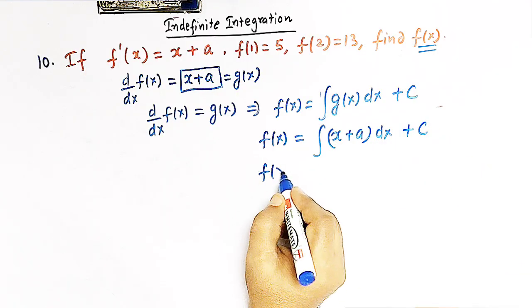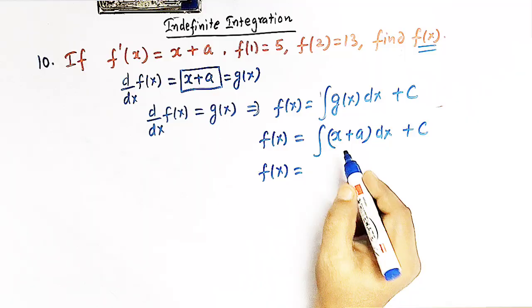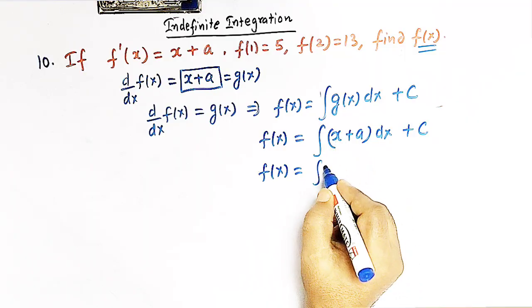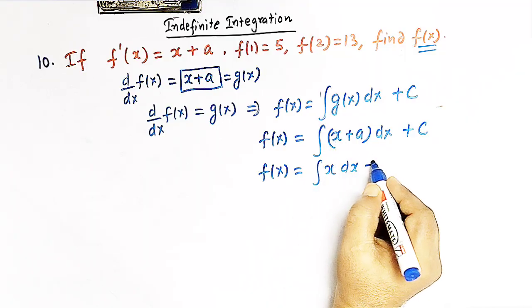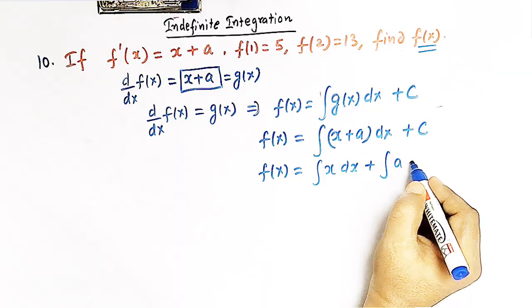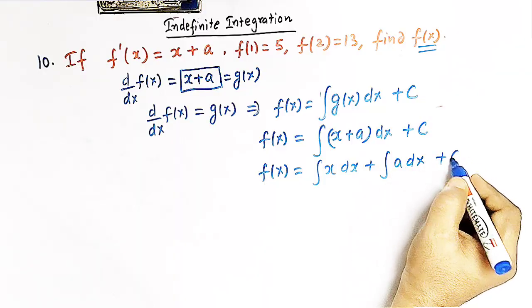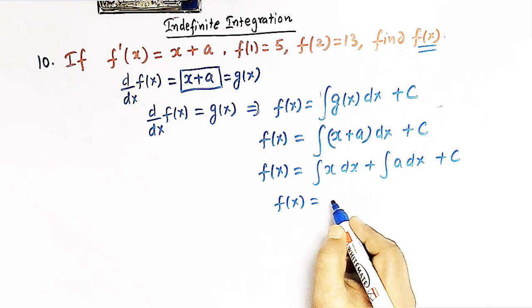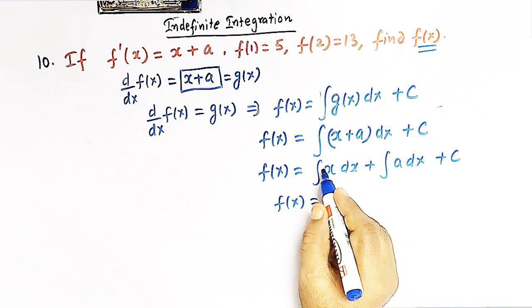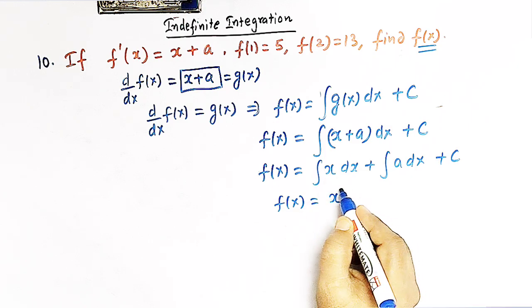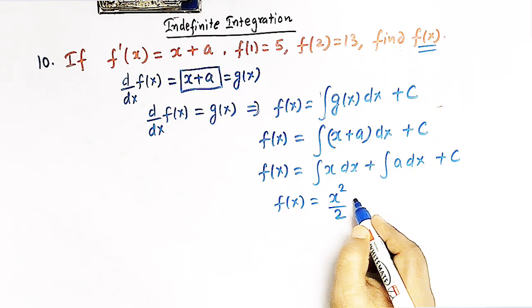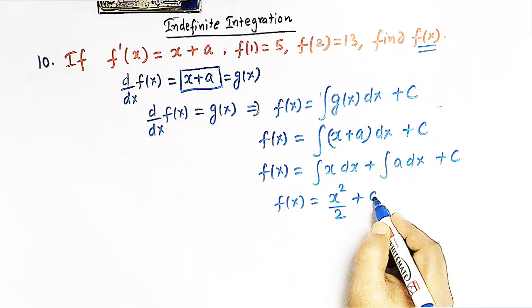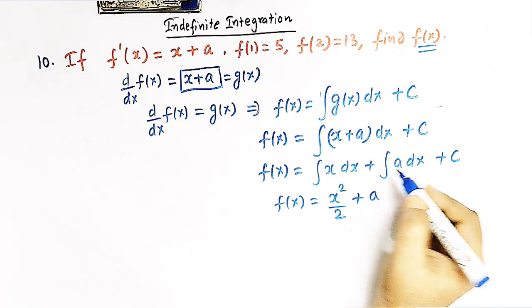So we can now have f of x. Now the integral x dx, and here we have the integral a dx and c. So we have now f of x is equal to the integral of x, which is x square over 2, and here we can take a outside the integral sign.